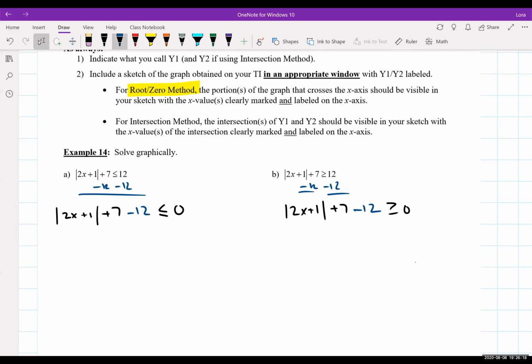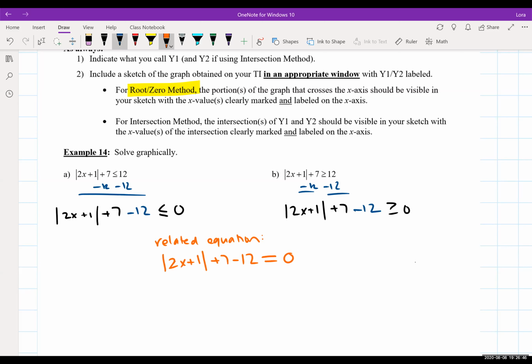Anytime we're trying to solve these inequalities, usually the first thing we do is solve the related equation. So in both cases, the related equation is the absolute value of 2x plus 1, plus 7 minus 12, equals 0.